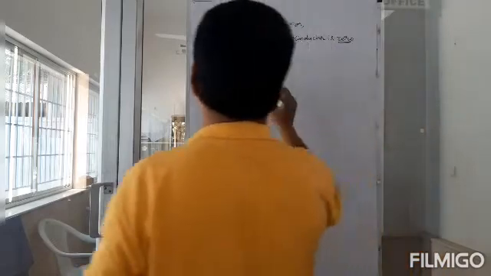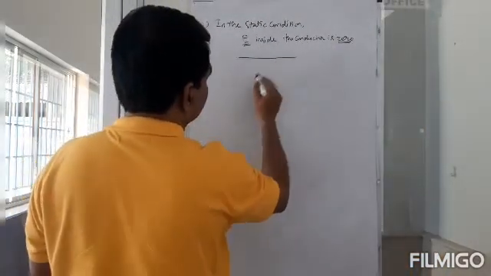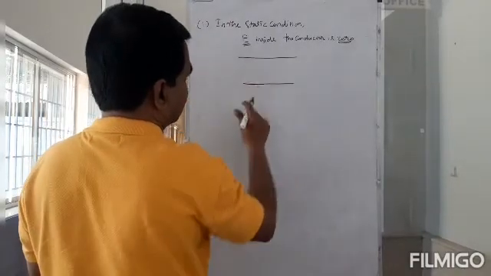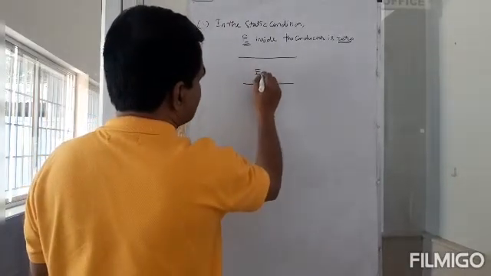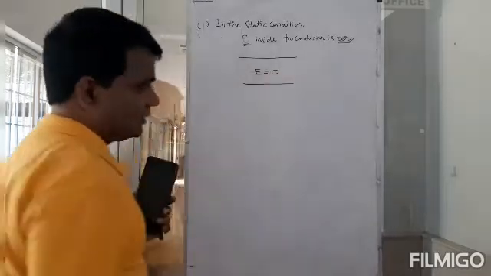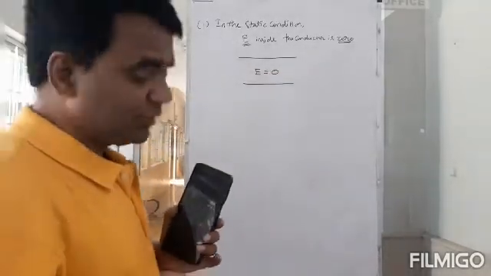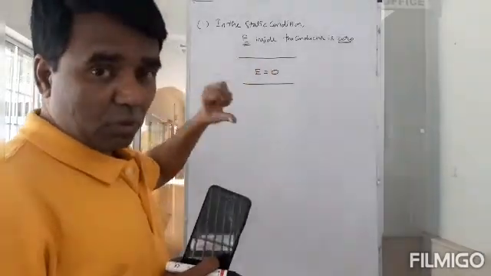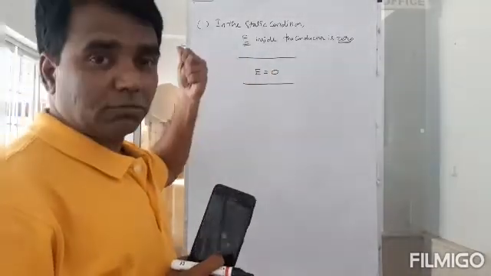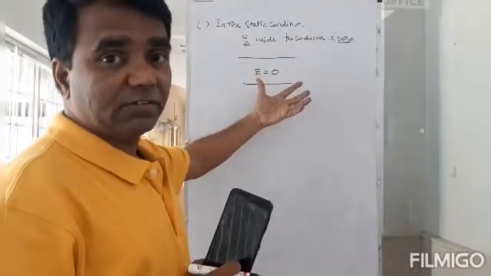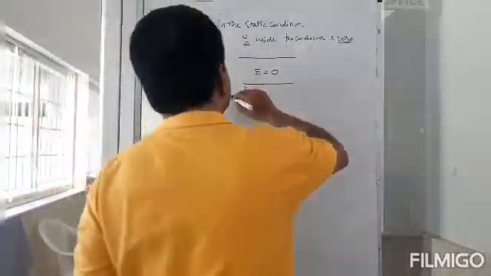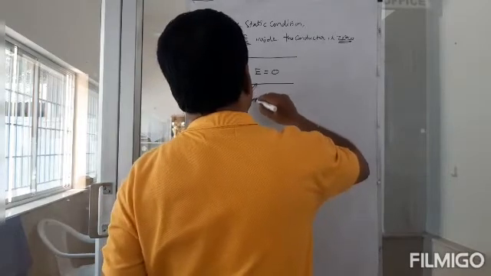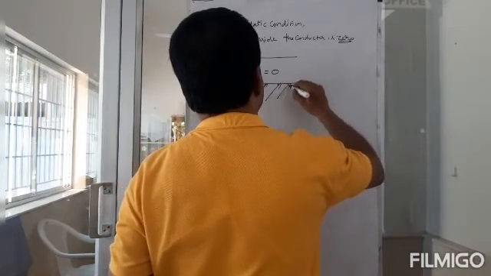So for example, if you have a conductor, this is the thickness of the conductor, let's say. E inside the conductor must be 0. It doesn't matter whether you have charged it or you are subjecting it to an electric field. Suppose there could be an electric field here. I can keep it in an electric field.